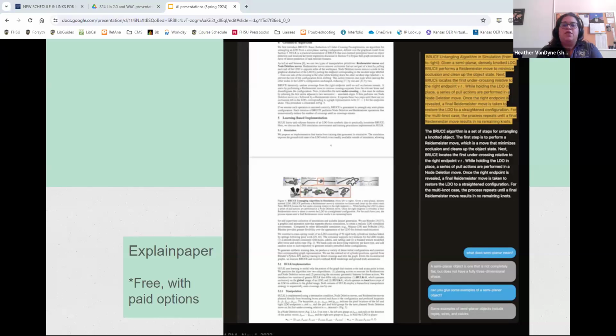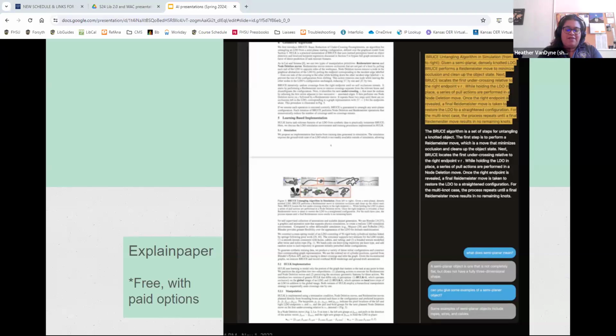And so as you can see in the screenshots, the paper has been uploaded, and the section that was highlighted explains that particular algorithm. And then there's an option below to ask a follow-up question to get further information.